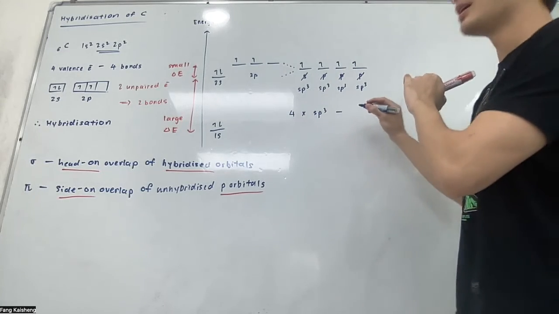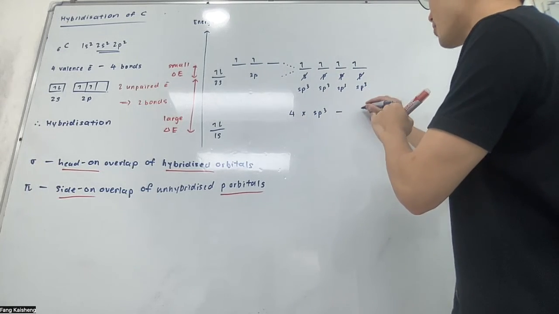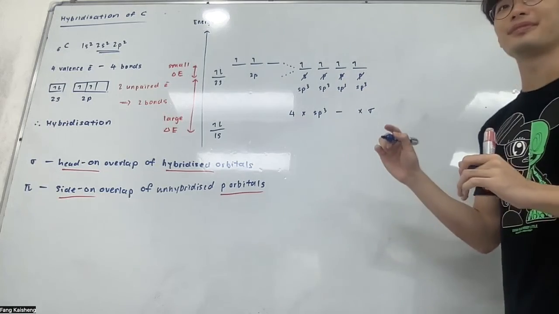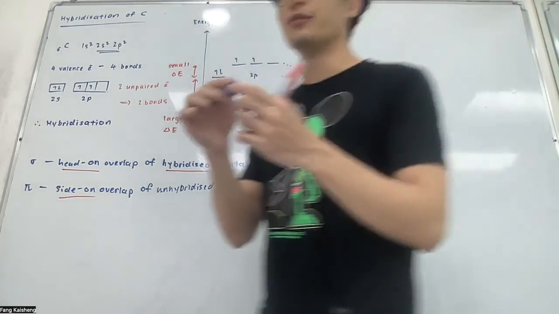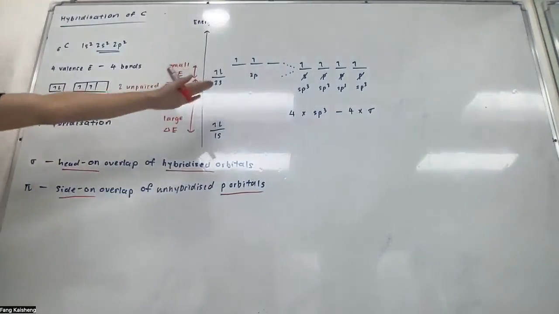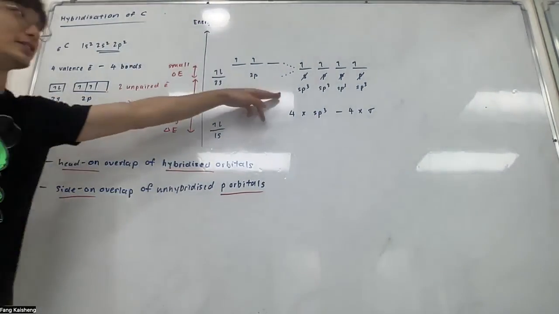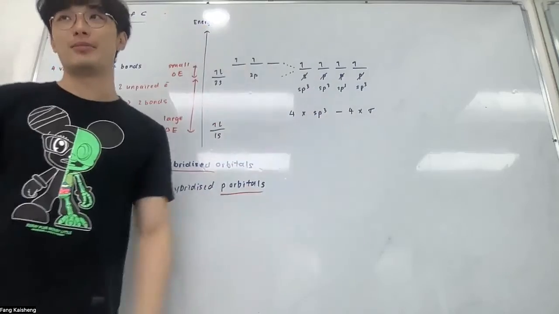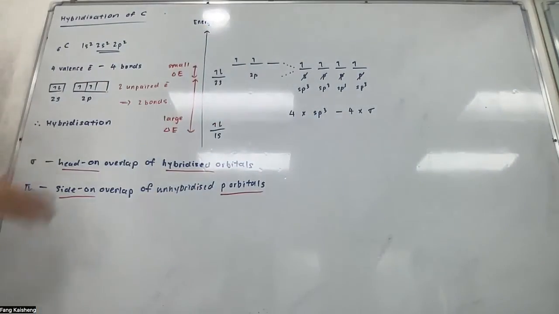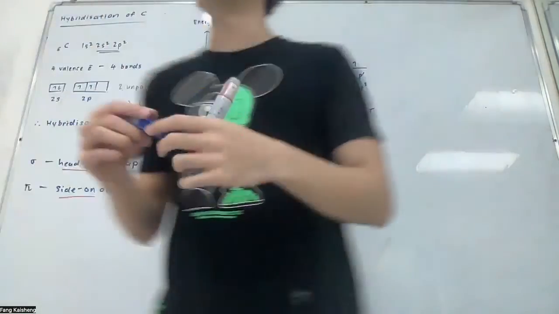Sigma or pi? It can only form sigma bonds, right? But how many sigma bonds do you think it can form? 4, exactly. So that's what's going on over here. In this sp3 hybridization, I have 4 of them, so I can form up to 4 sigma bonds. Straightforward, right? Because they undergo a head-on overlap.